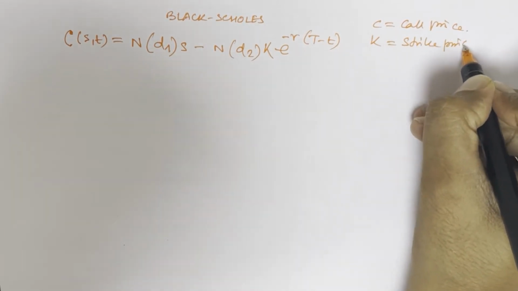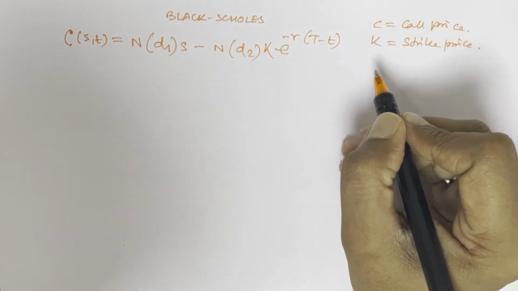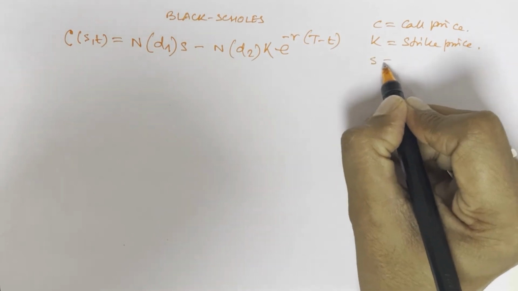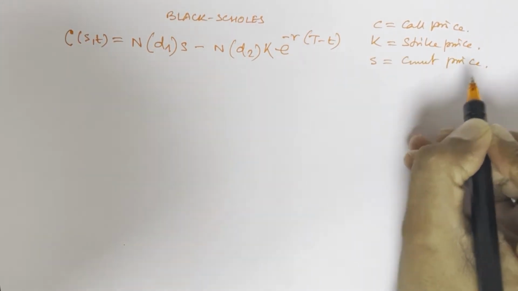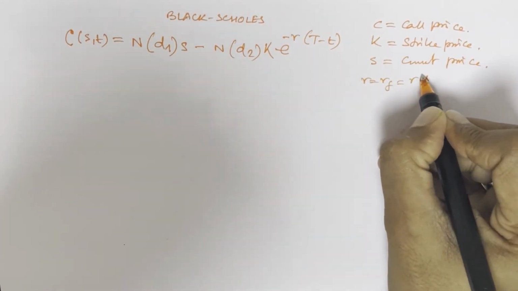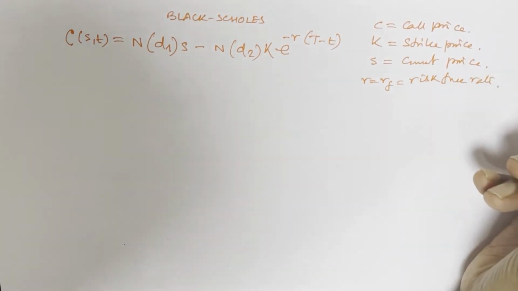So these basic things I think all of us know, call price and strike price. S is the current price. You can also derive alongside me. r is the risk-free rate.